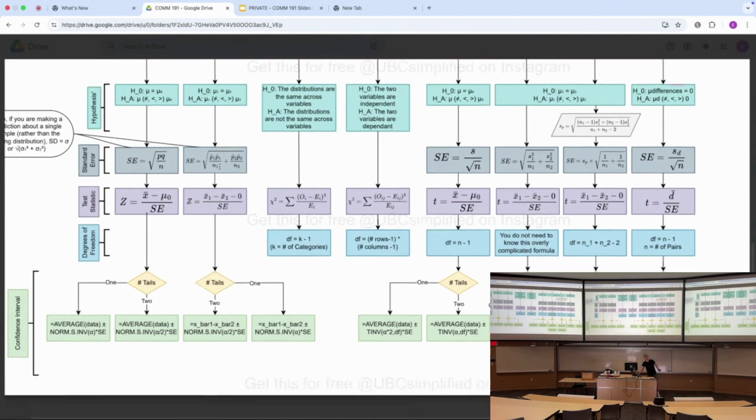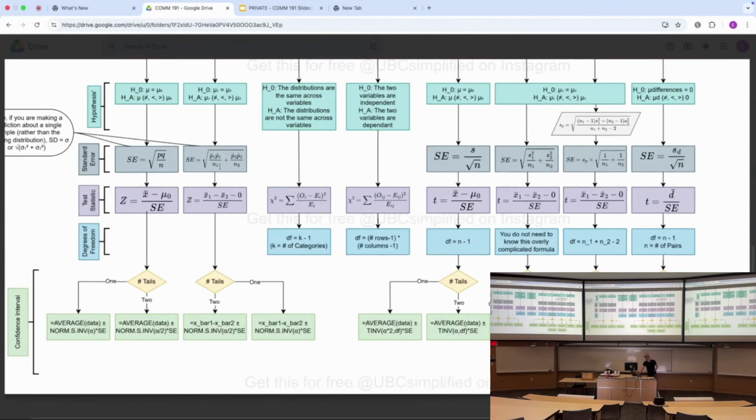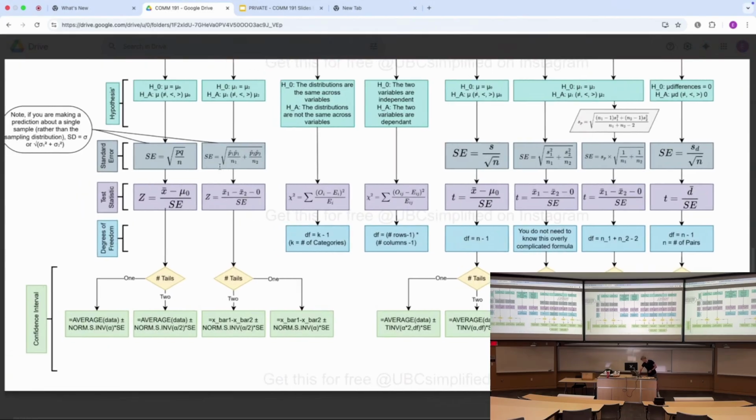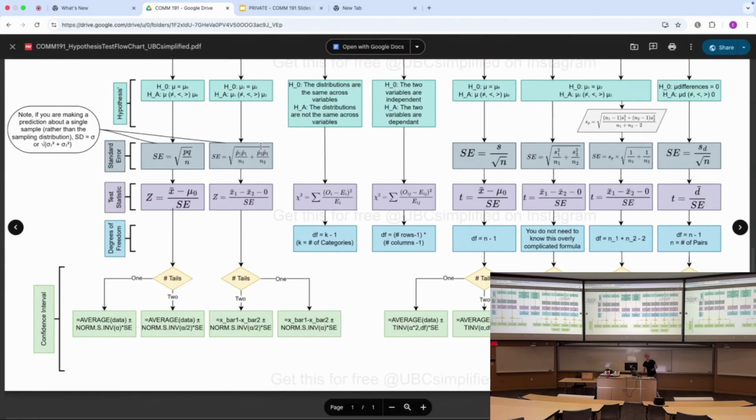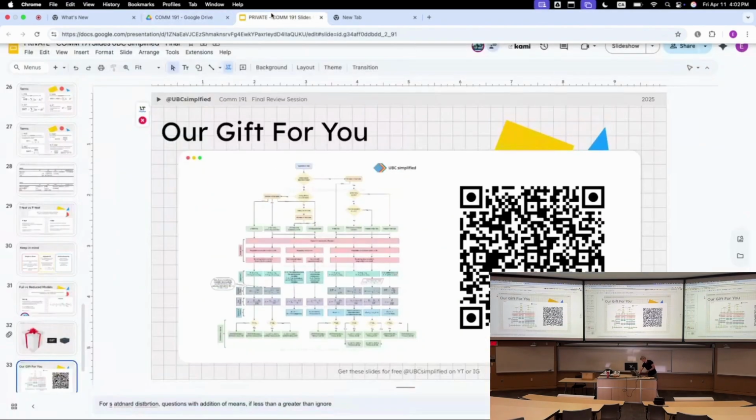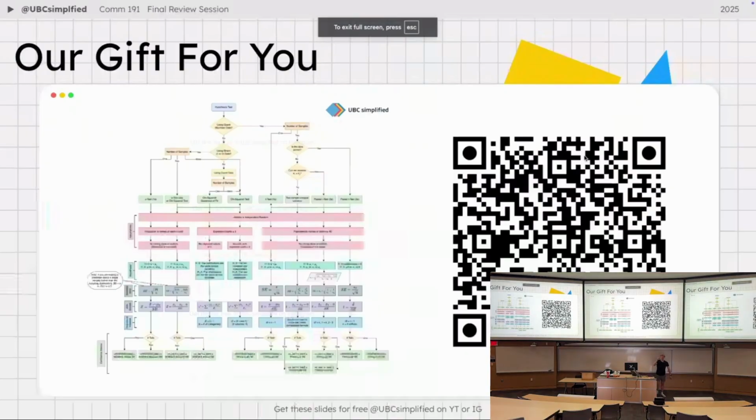It'll tell you what to use for your standard error or standard deviation, depending on what formula you're using, what your test statistic will be, and what you put into Excel for the critical value for confidence intervals. So that is pretty cool, and it is completely free.